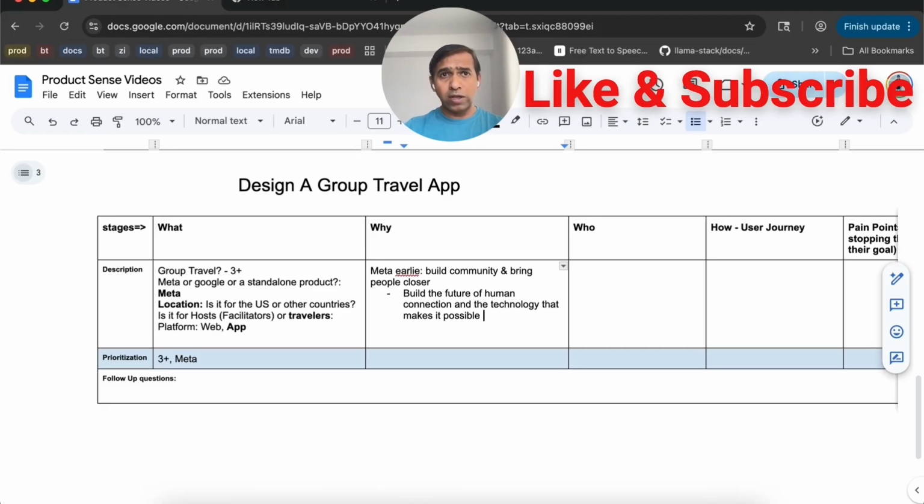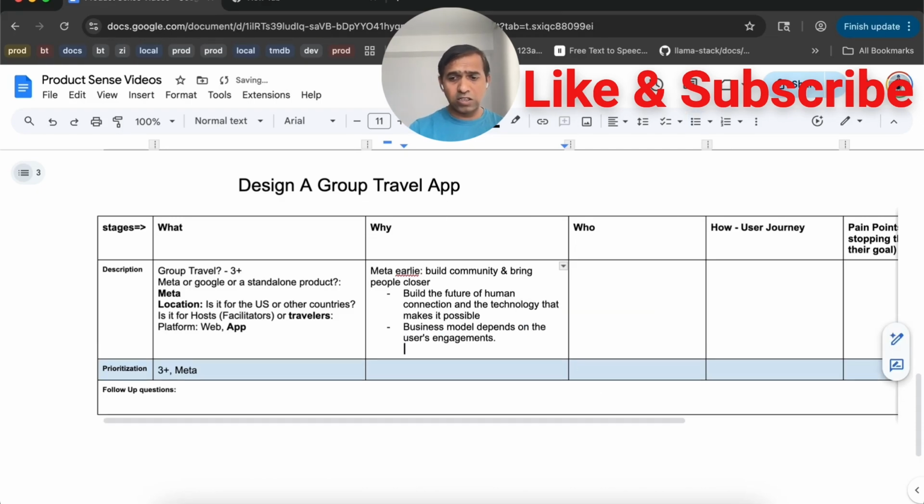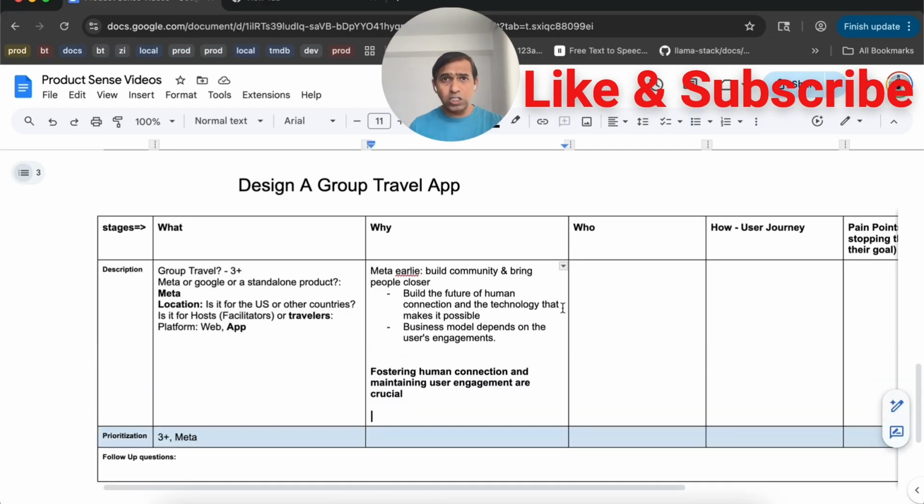We also know that Meta's business model depends on users' engagement. That's how they make money, by showing personalized, relevant ads. This suggests that Meta may want this for several reasons: fostering connections, boosting engagement, and likely gathering data to enhance recommendations.